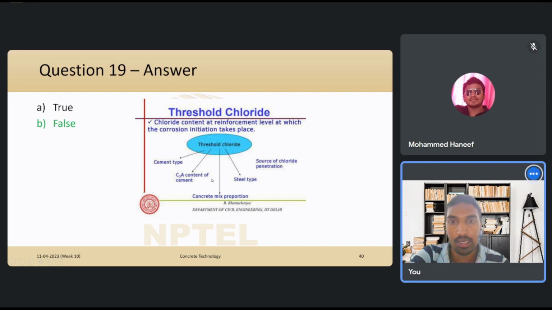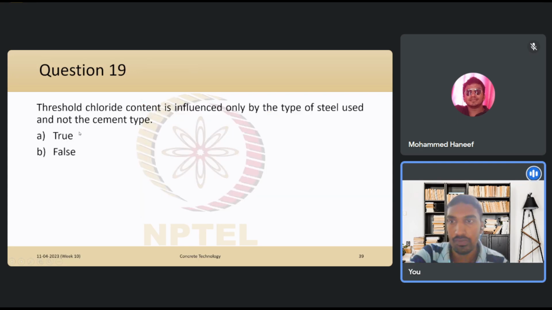But it is not only that; other factors include the cement type, the amount of C3A, the mix proportioning, and also the source from which the chloride penetration is occurring. All of these factors together determine the threshold chloride content. So it's not just the steel type, but a variety of other factors. Therefore, the given statement is false.